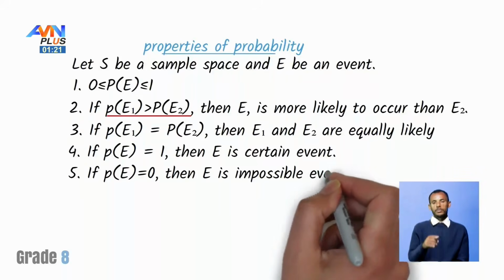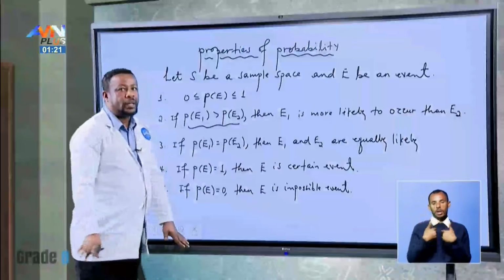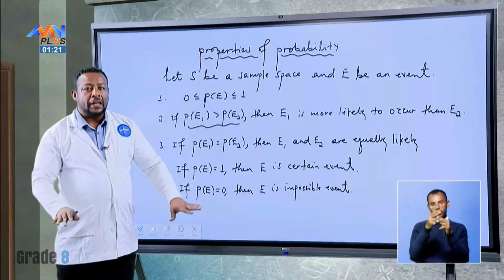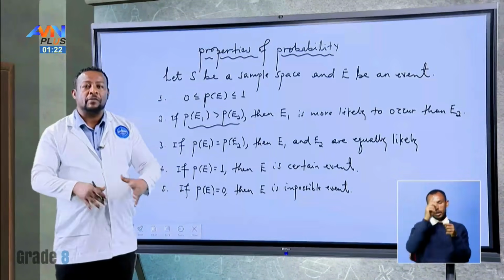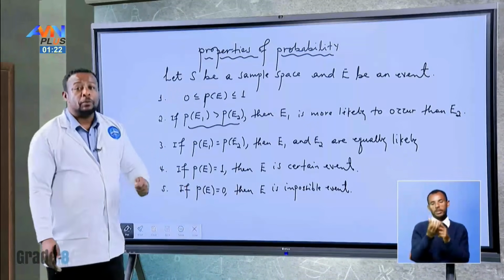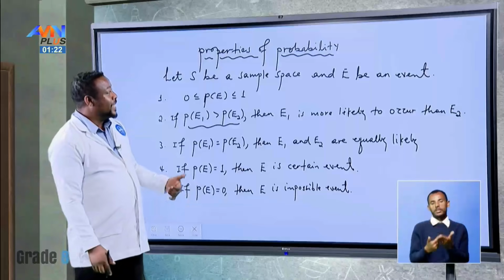As you remember, we have defined what an impossible event is. Shortly, an event which cannot occur at any performance in the experiment is called impossible event. So the probability of such event is 0.